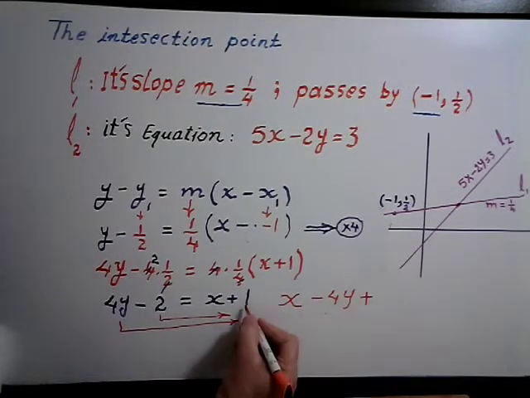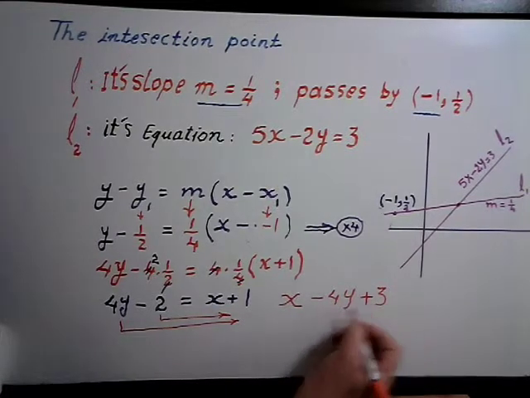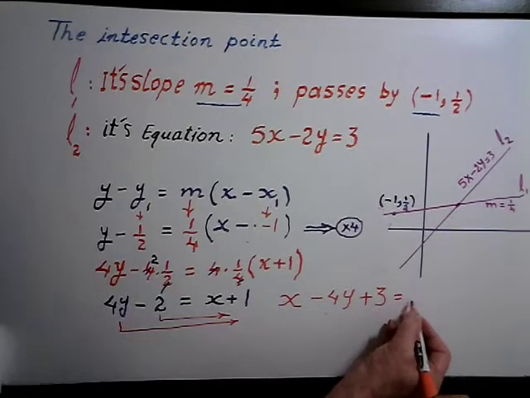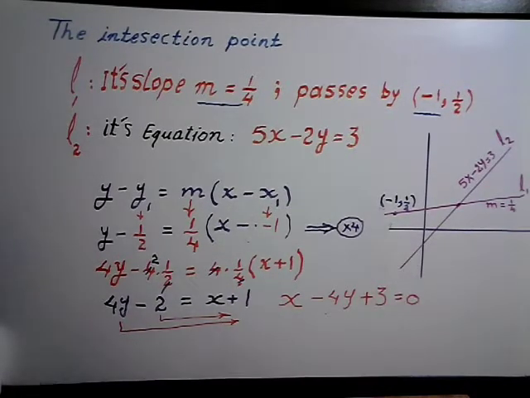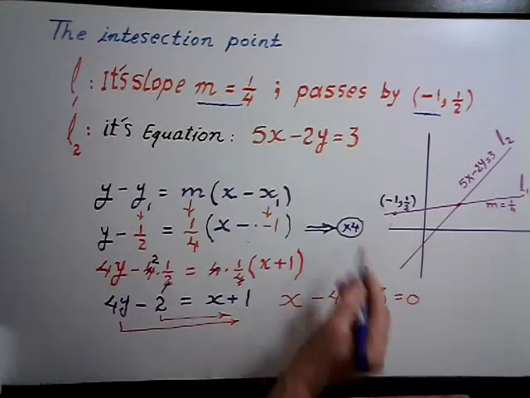Positive 2 plus positive 1 means positive 3. And this side will stay 0. So this is the equation of the first line, L1: x minus 4y plus 3 equals 0.